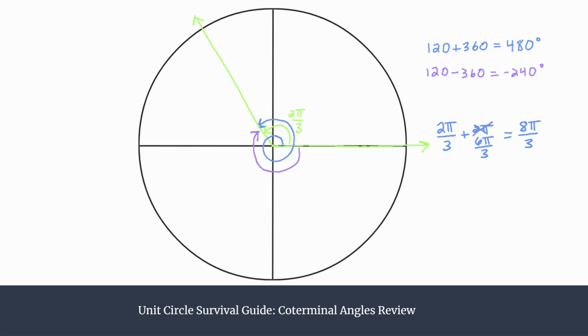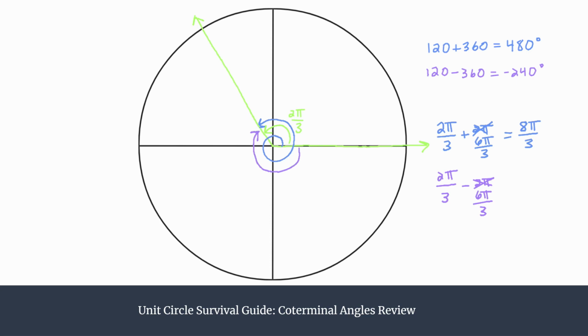And now let's find the coterminal angle if we subtract 2 pi or rotate in the clockwise direction. So we'd have 2 pi over 3 minus a full rotation, which is 2 pi. And again, you'd want to rewrite that with a common denominator of 3. So rewrite 2 pi as 6 pi over 3.